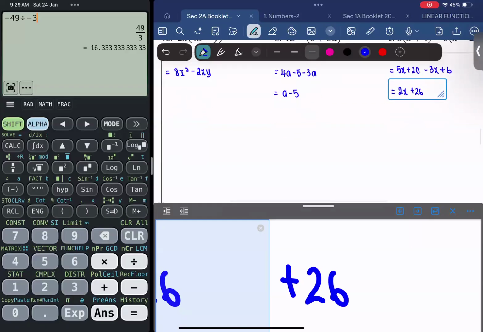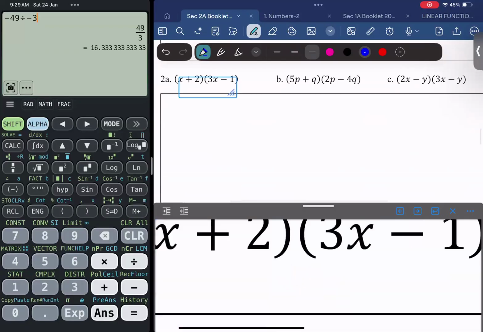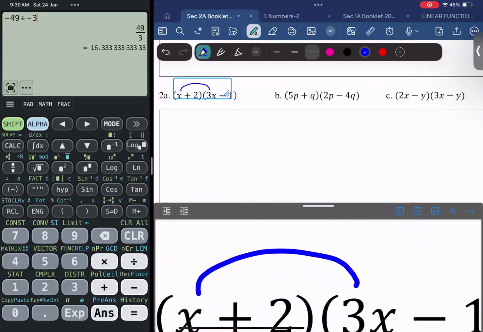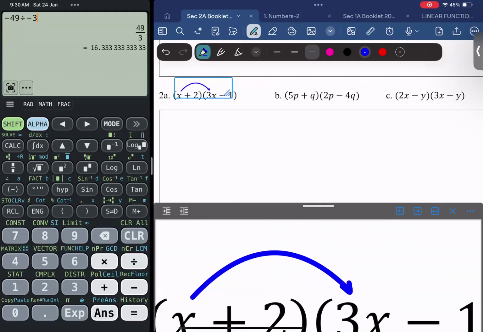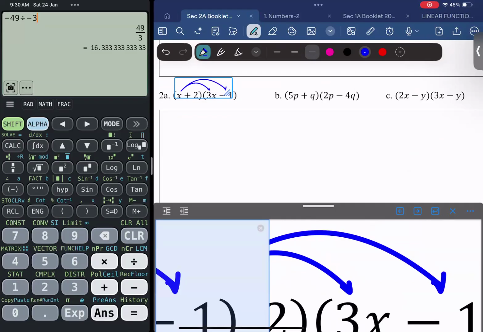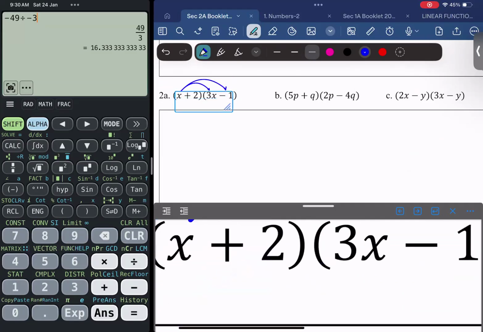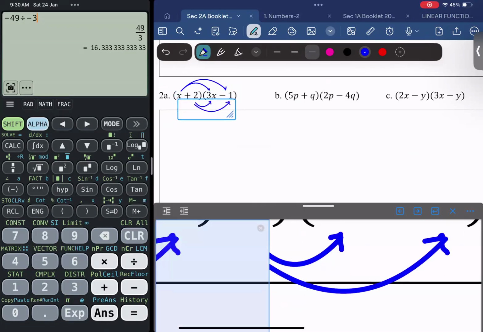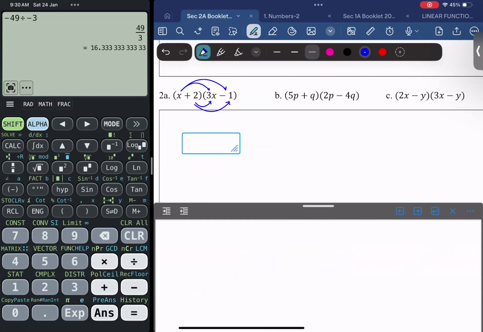Next. This one here is the rainbow method. So the x in front will belong to both numbers in the bracket. Same thing for 2.